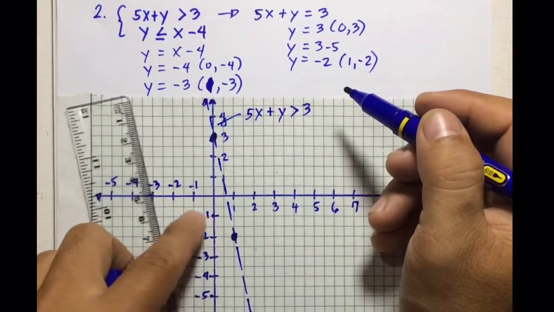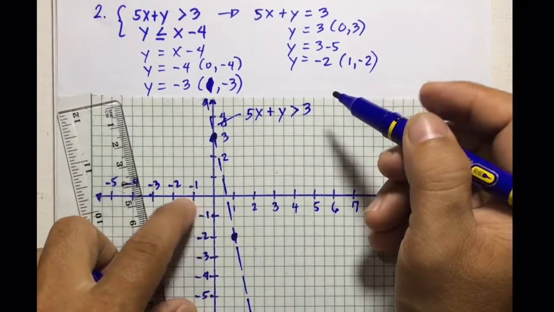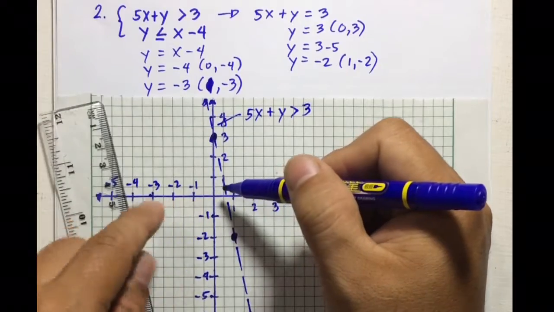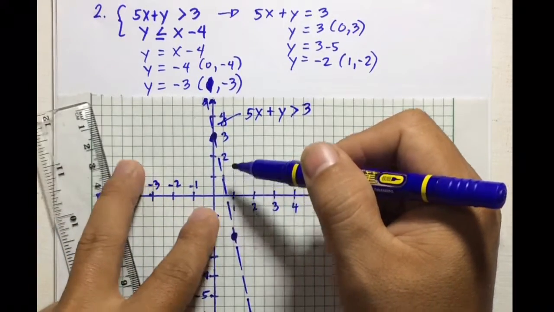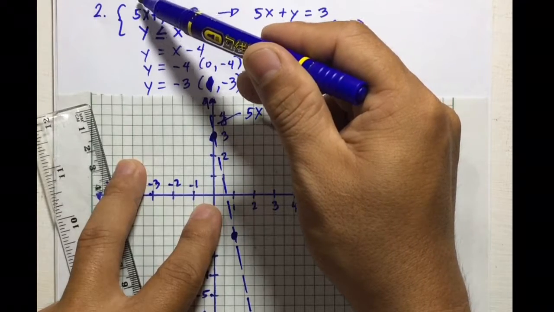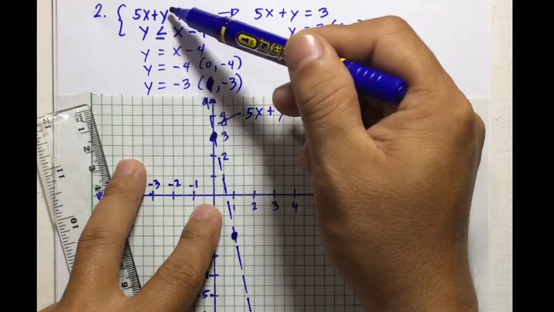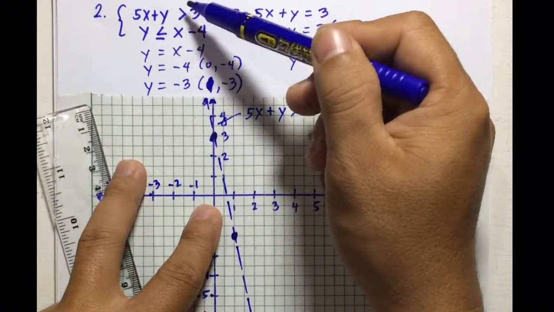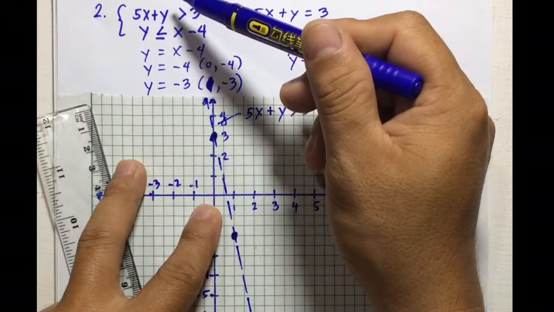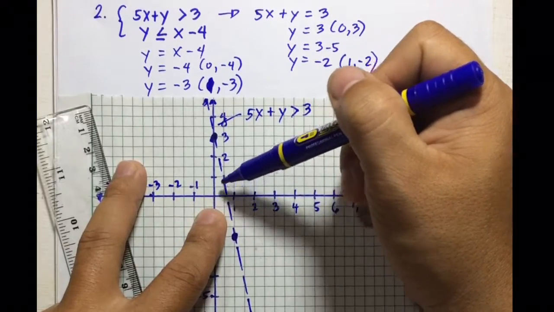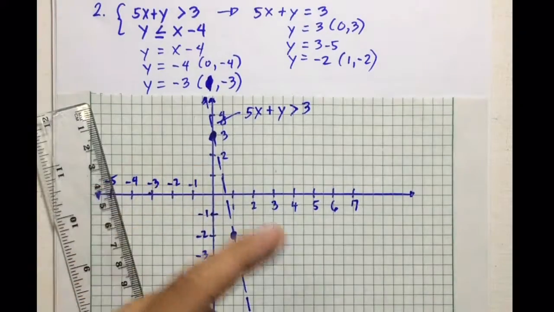Then we're going to use a point not on the line, so we'll just use (0, 0), so that this will be easy for calculations. If x is 0 here, this will become 0, then plus y is 0, so 0 plus 0 is 0. 0 is greater than 3, that will be false, meaning this is not part of the solution. So we're going to shade the other side of the line.